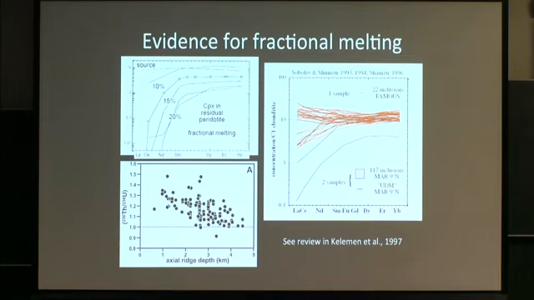There's huge diversity. These are observations from Sobolev from the early 90s. All the lines here show the compositions of individual olivine-hosted melt inclusions. You can see some of them are very depleted. So this one here has very low concentrations of the light rare earth elements.